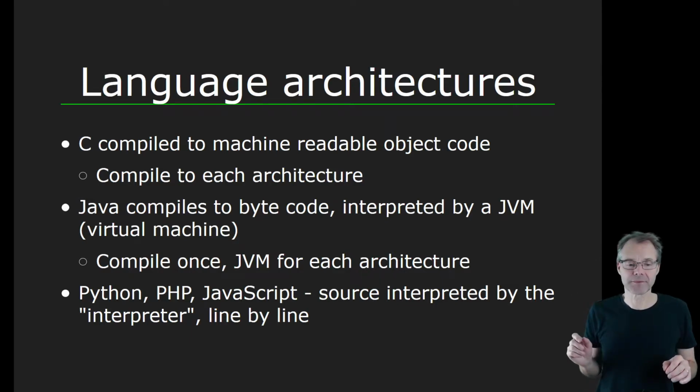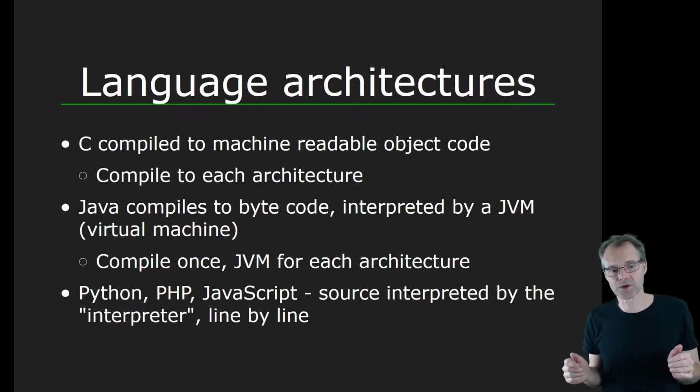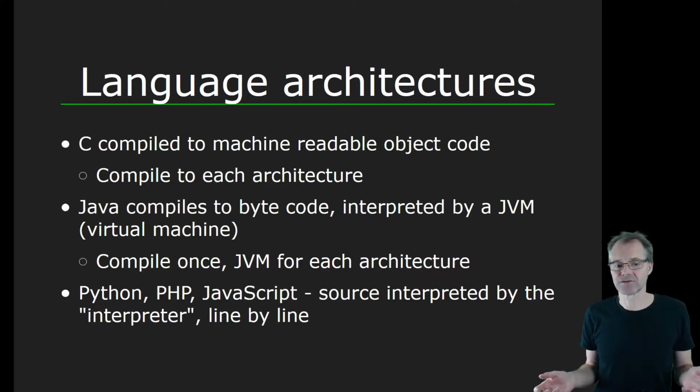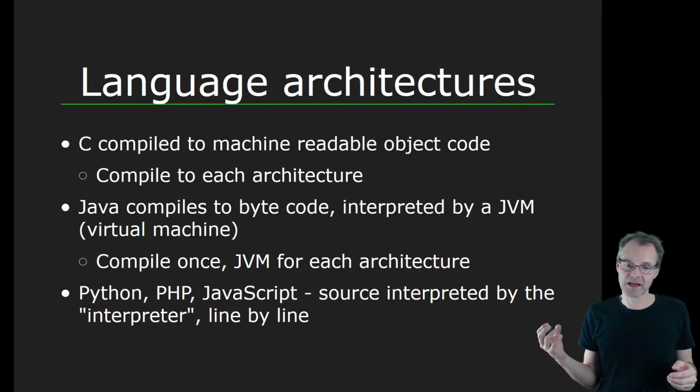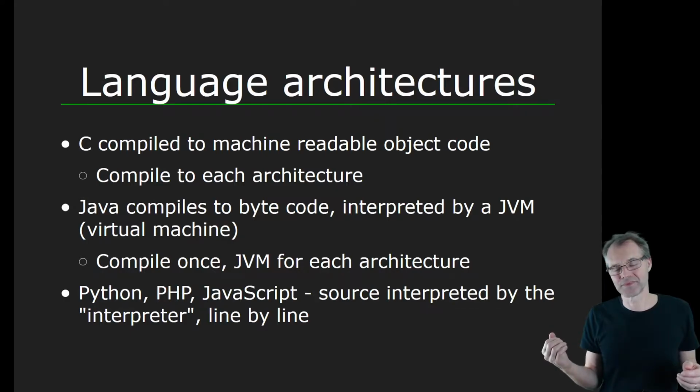And then we can compare this to the interpreted languages like Python, PHP, JavaScript, and more, where we have the source code, it is not compiled, it is just interpreted by an interpreter. And line by line, the interpreter reads and executes the code.